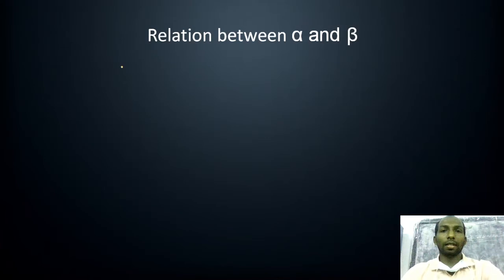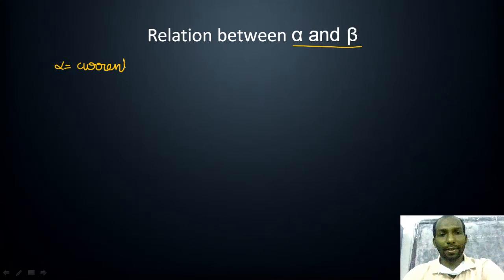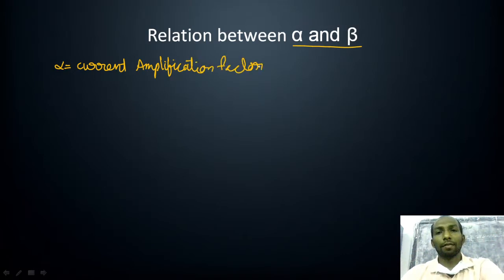So in the first step I will derive the relation between alpha and beta. Here alpha is the current amplification factor for CB configuration.